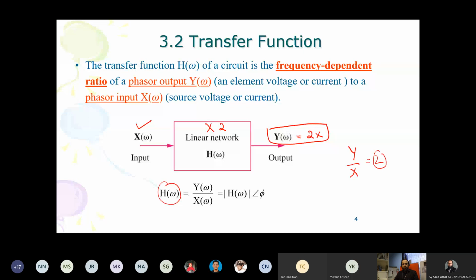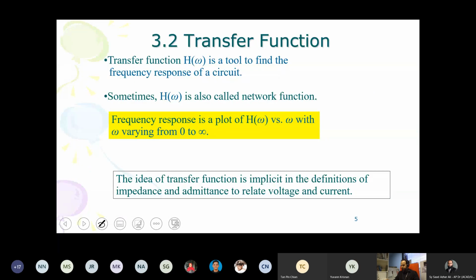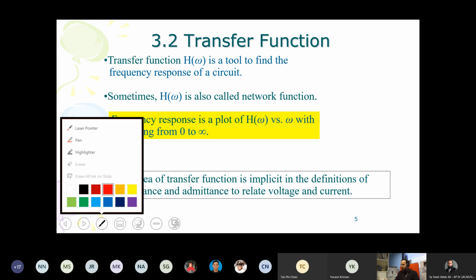All right. So once we have the transfer function, we know what the system is doing to that particular input, and we will know the output of the system. Okay, so the transfer function is a tool to find the frequency response.